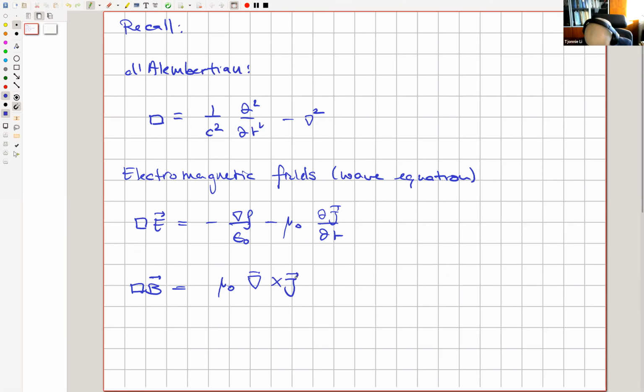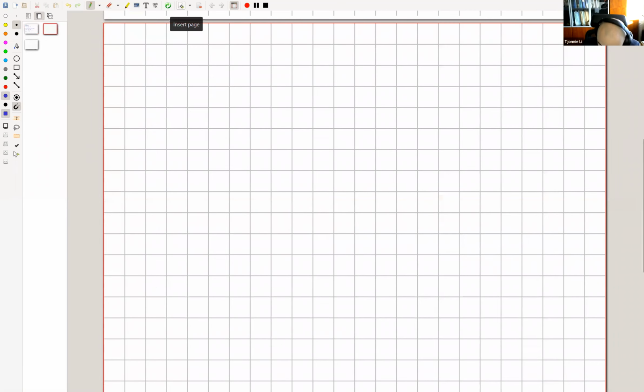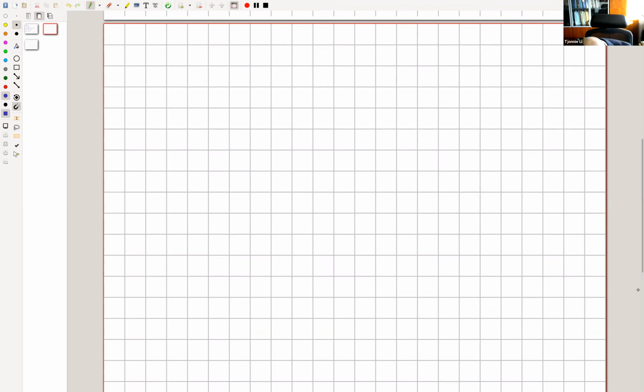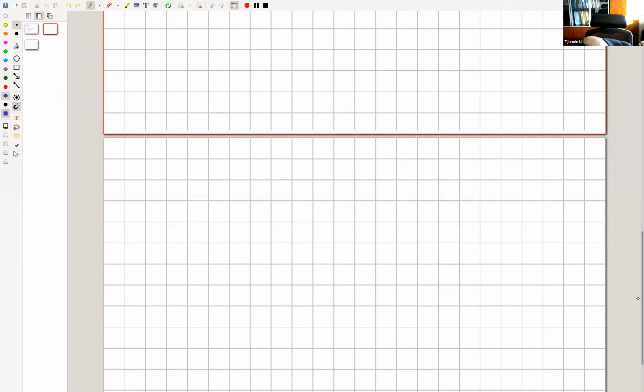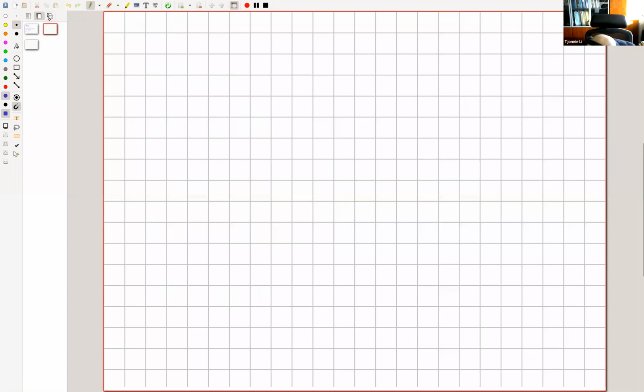Okay, now in this case, we can also write down the equivalent ones for the potentials. And so for the potentials, there's something very similar.